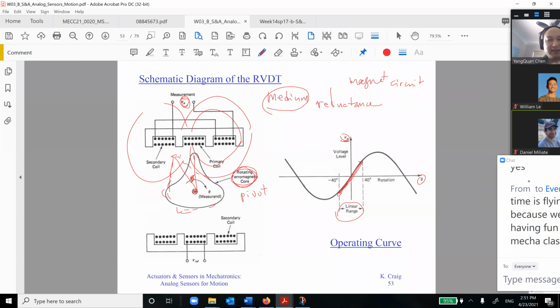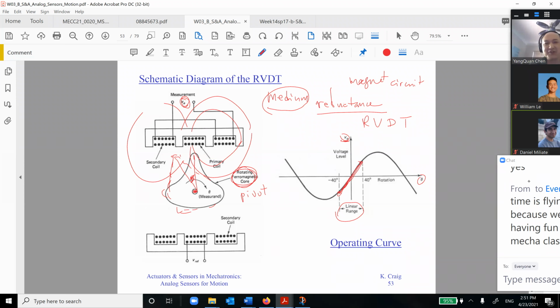Therefore, the reluctance is changing. That's why it's a variable reluctance, and it's rotational. And we have a differential connection, and the basic principle is like a transformer. It's called RVDT. So now you get the idea of LVDT and RVDT.